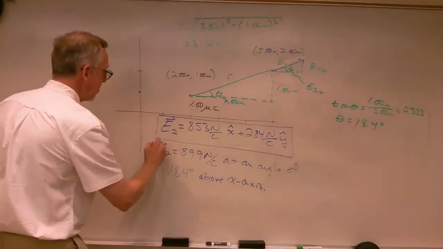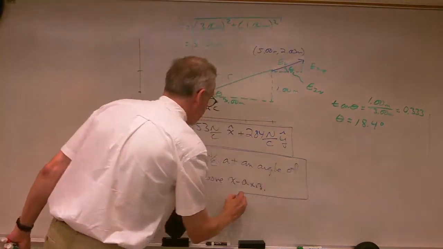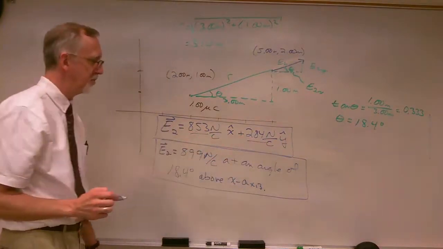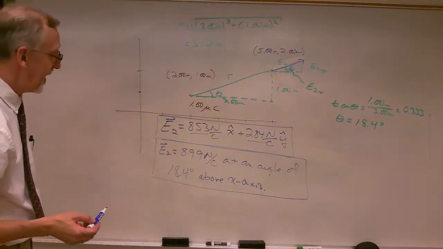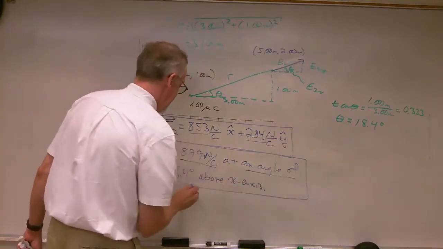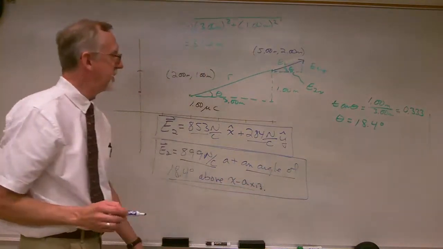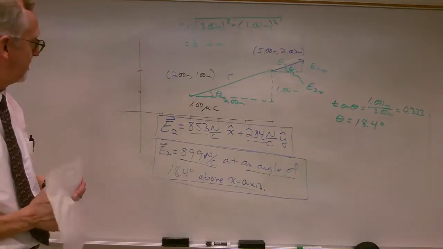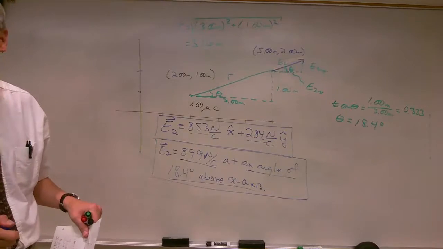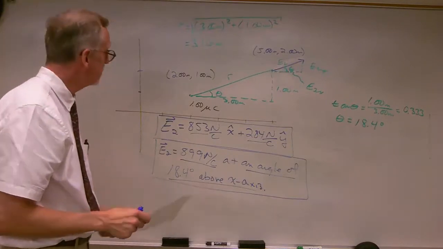So that would be another way of writing E2. We can write it in component form, where we give the x and y components, or we can give the magnitude and direction form, where that's the magnitude, and then at an angle of 18.4 degrees above the x-axis. So we can describe E2 in either of those two ways.